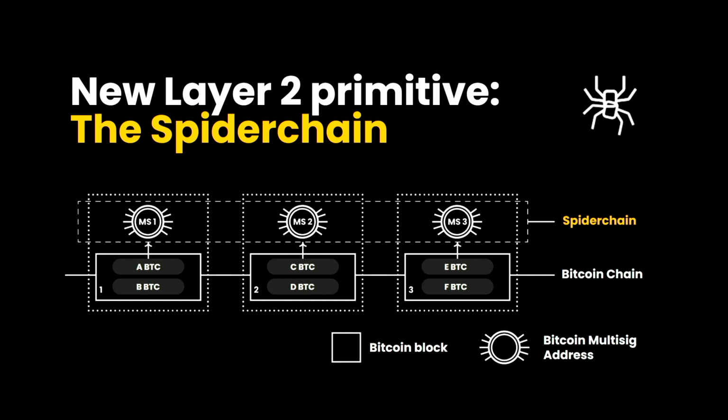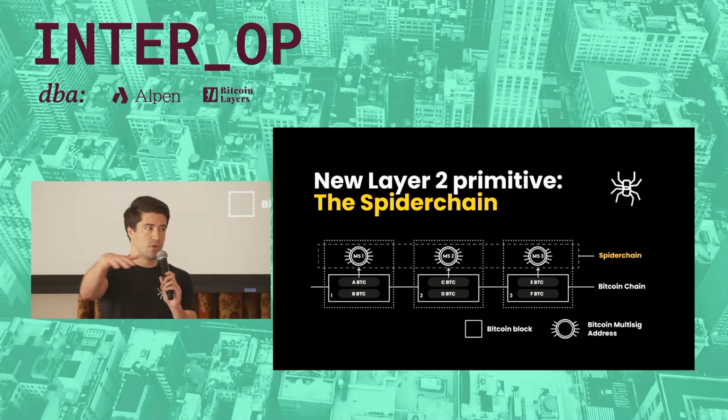If you open a channel with someone else, that's a 2 out of 2 multisig, which is HTLCs, et cetera. But from a very high level perspective, that is a global network consisting of 2 out of 2 multisigs. Now imagine if all of those node operators come together in a proof of stake consensus and secure an EVM. That is, from a very high level, what spider chains is.